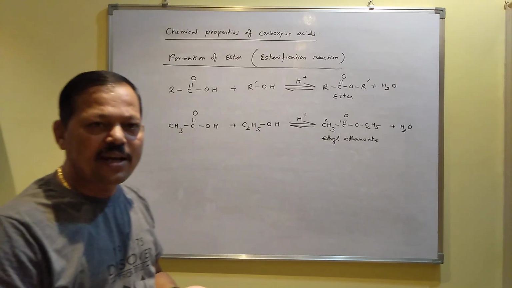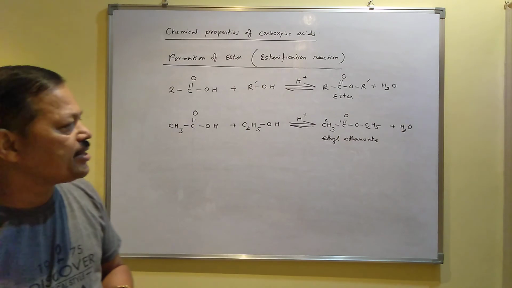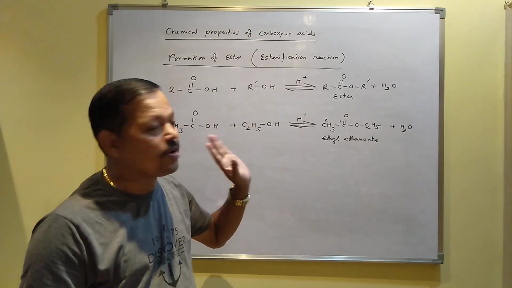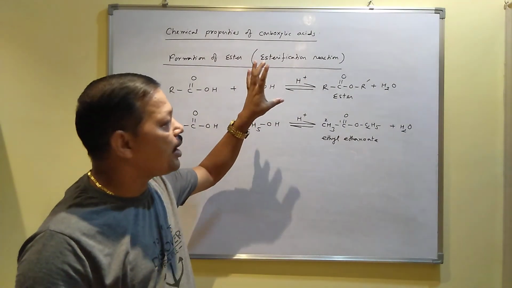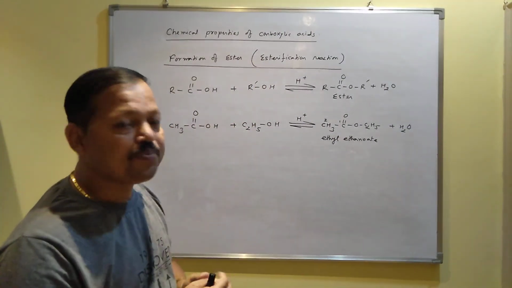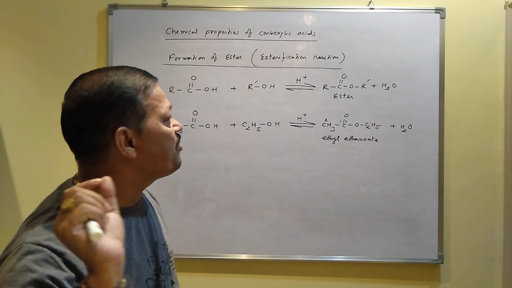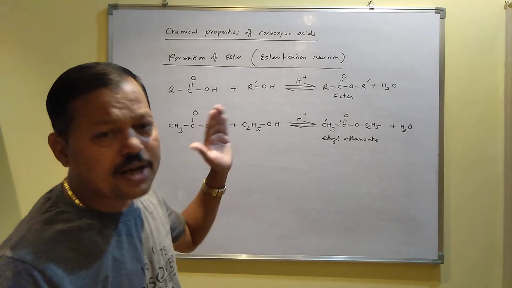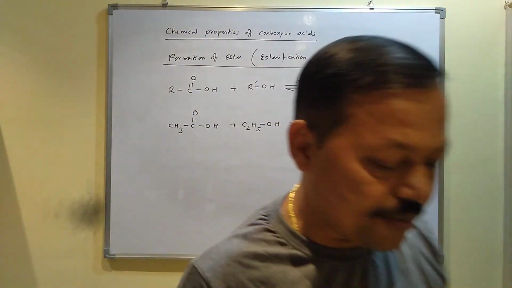When you draw the mechanism, as you have already drawn so many mechanisms, always try to write the mechanism step by step, then you will get full marks. So here also I will write the mechanism step by step, and this mechanism is especially very important for the exam. So that's why you try to learn the mechanism.